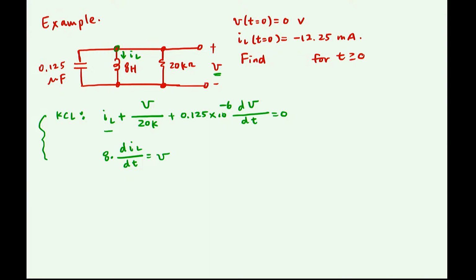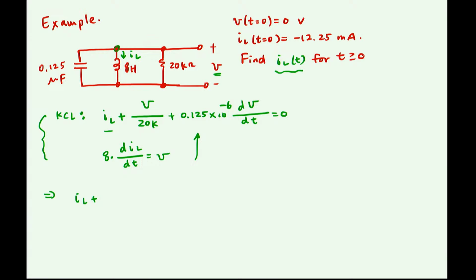Actually, let's start with IL, but once you find IL, it's easy to find the voltage V, okay? So I'm going to use the second equation and put it into the first equation that would have IL.